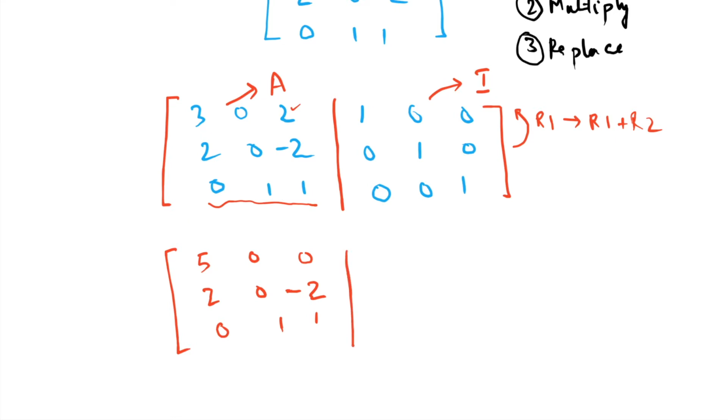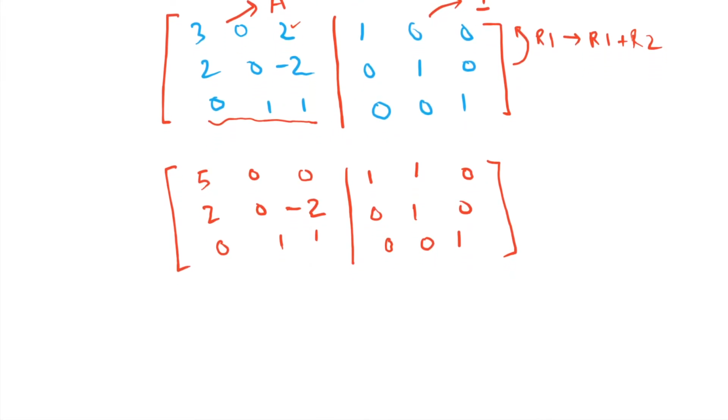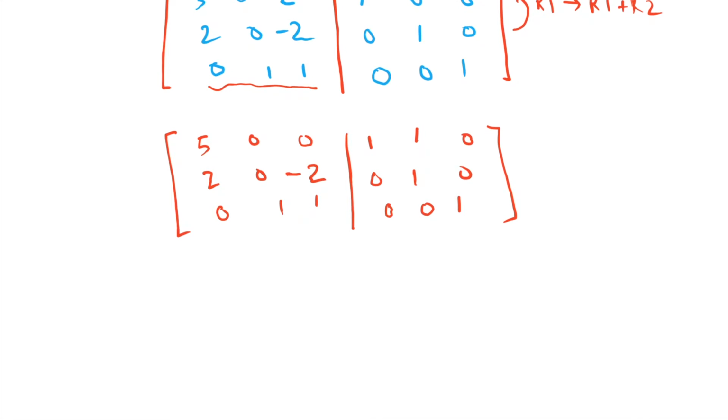And on the right side, if we add row 2 to row 1, we will get [1, 1, 0], then [0, 1, 0], and then [0, 0, 1]. Trying to be extra cautious here so that I do not make mistakes. All right, that sounds good.